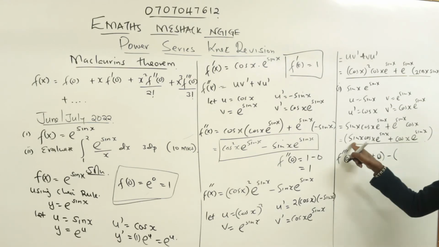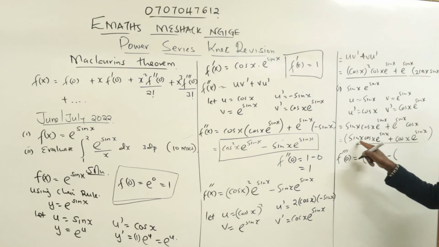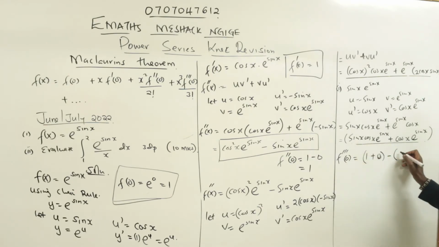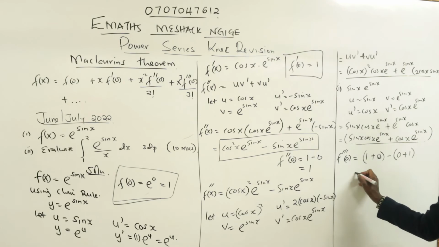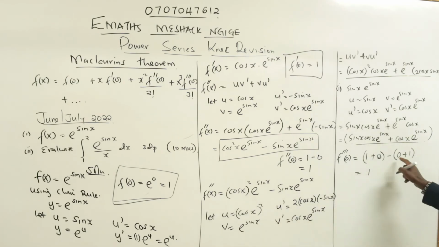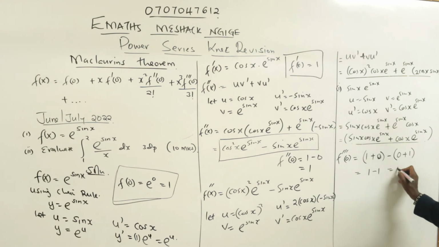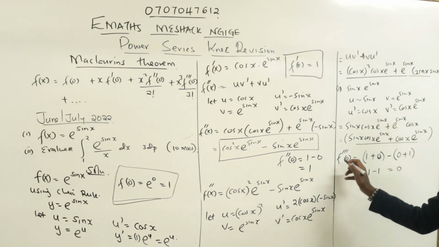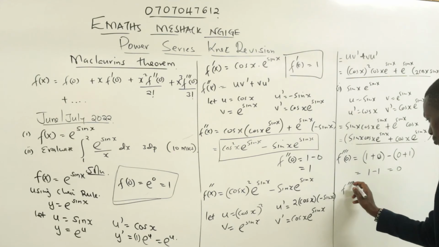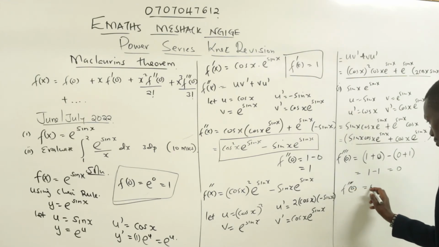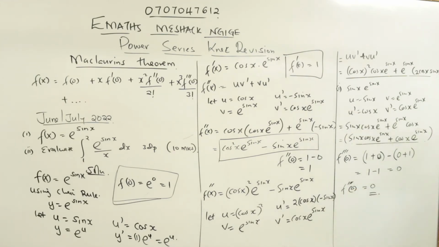The aspect that you have a sine here, at the end of the day, it gives you 0. Then plus, now we have a cos, this will give you 1, then this will give you 1, so we shall have 1. So therefore, 1 plus 0 gives you 1. 0 plus 1 gives you 1. So 1 minus 1 gives you 0. So your f triple prime 0, your answer will be 0.